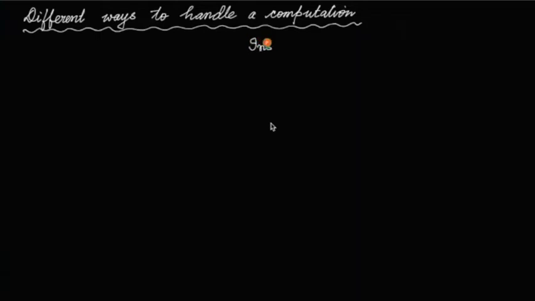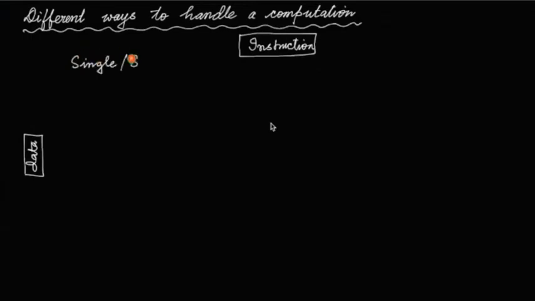So I write instruction here and I write data here. So what I can do is have a single instruction and a single data in one clock cycle. Okay, so I will explain what I mean.